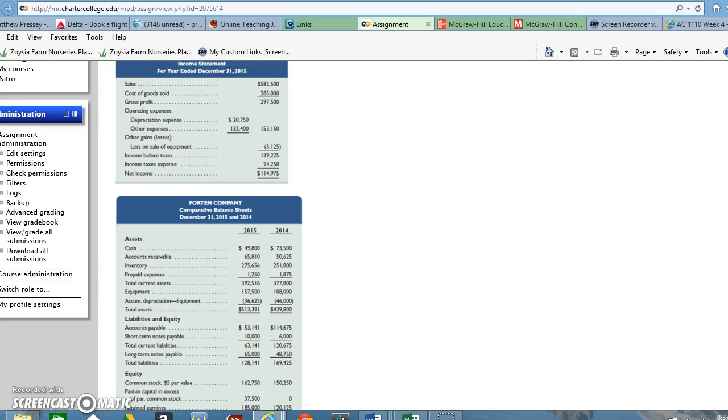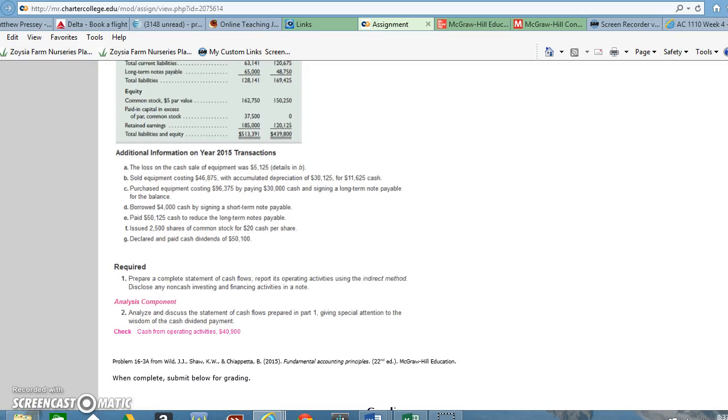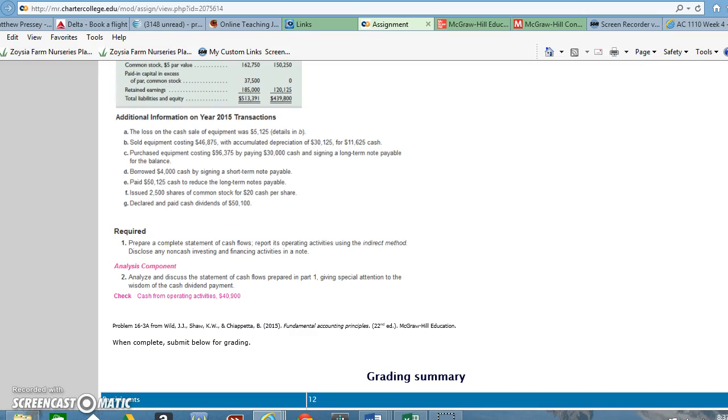This company is called Fortin Company, and based on those financials and the variables that they give you, you are putting together an indirect cash flow. You'll actually do this in Excel, hopefully, and then there's an analysis part for part 2. Very similar to assignment 1. Again, if you have any questions on this or if you get stuck along the way, reach out to me. I'll be happy to help.